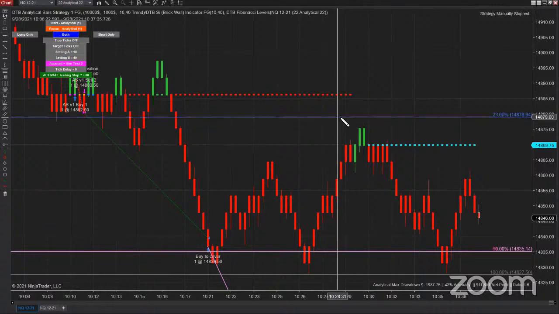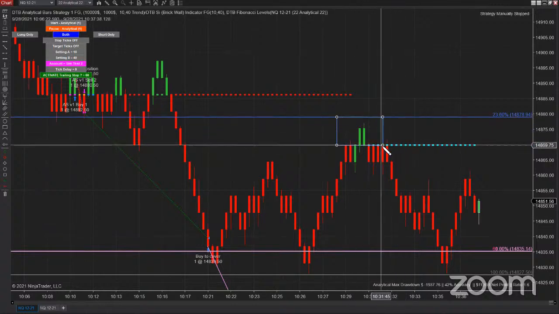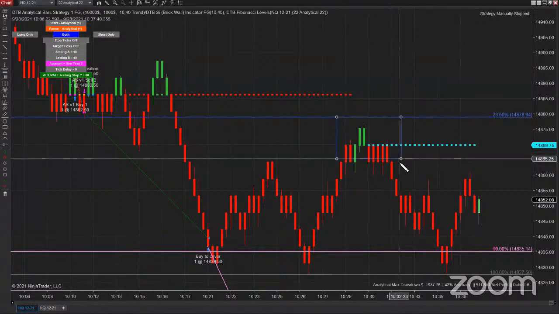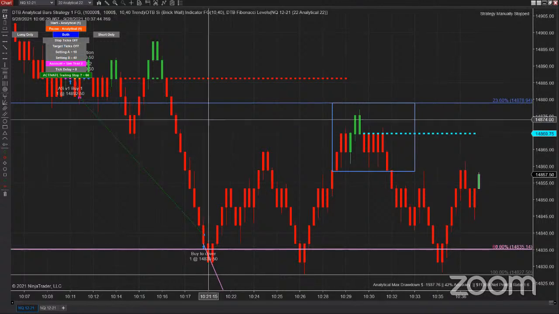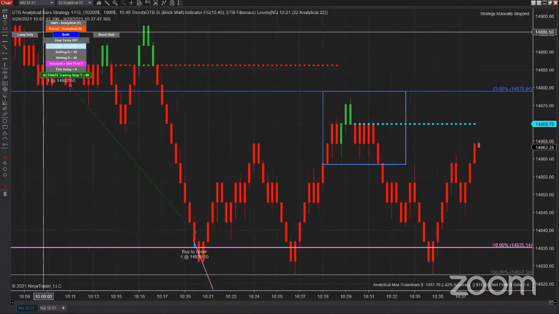Now you've got your fib level in play, you've got the price failing to break through, and then you've got the price failing at a brick wall, coming right all the way down to the fib level again.